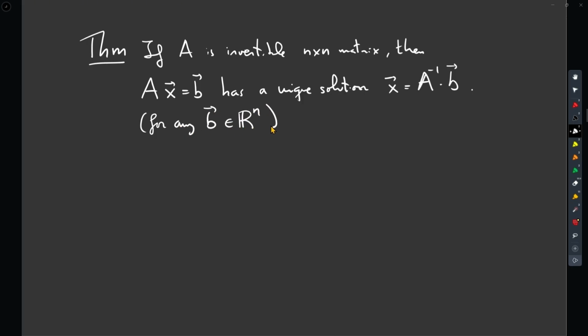So this is great, because we can solve systems by computing an inverse matrix.